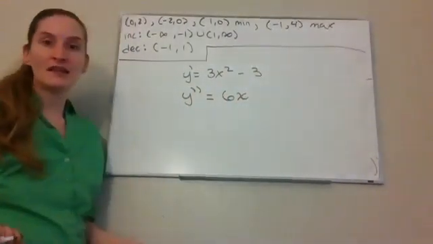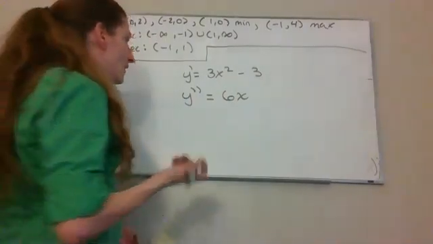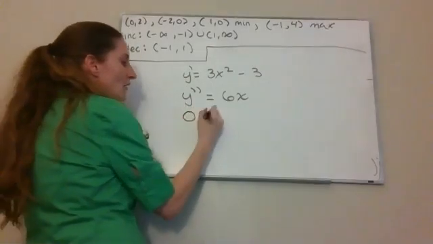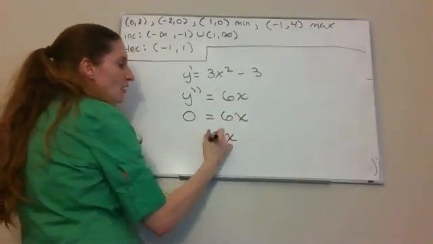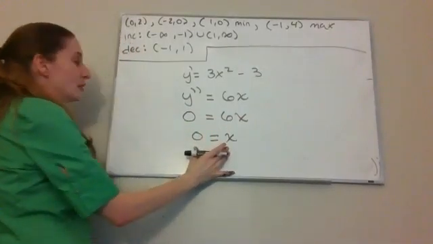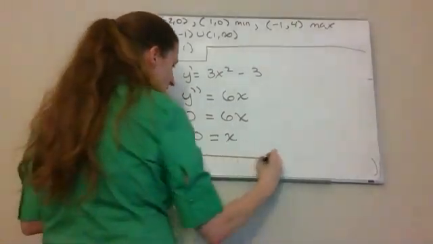I'm going to use that second derivative to find inflection points and our concavity. My second derivative is always defined. We have to find where it's equal to 0. It's equal to 0 when x is 0. This is my possible inflection point. We just have to check the concavity.